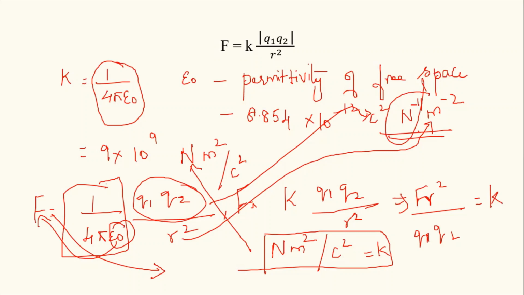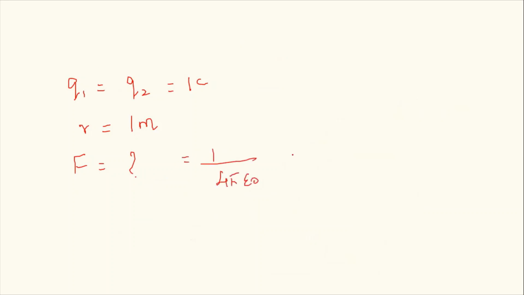Now, if you take a charge of 1 coulomb, that is Q1 is equal to Q2 is equal to 1 coulomb, and R is equal to 1 meter, what will be the value of F? F will be equal to 1 by 4 pi epsilon naught into 1 upon 1.